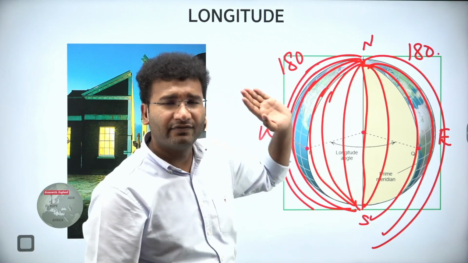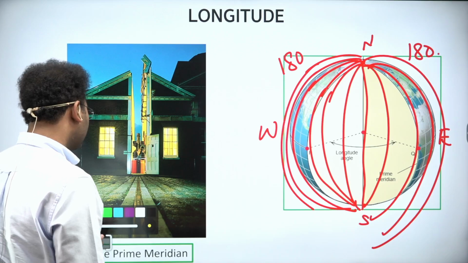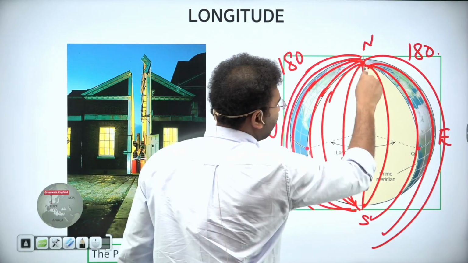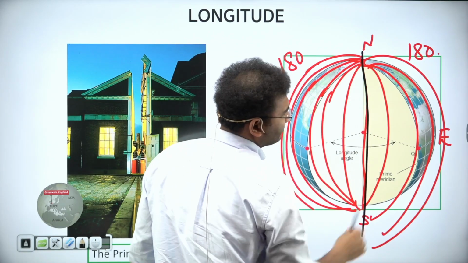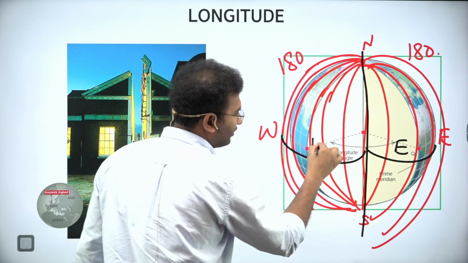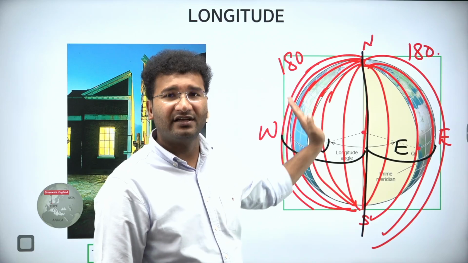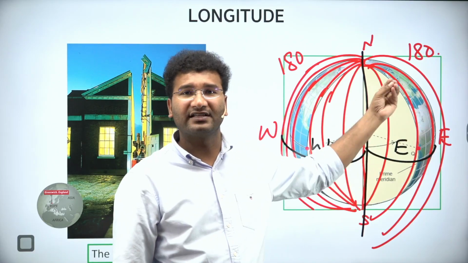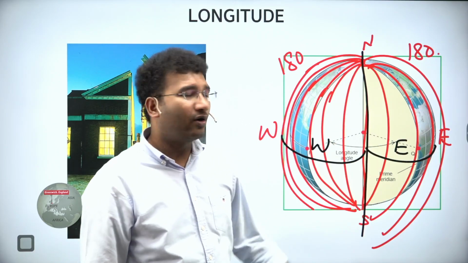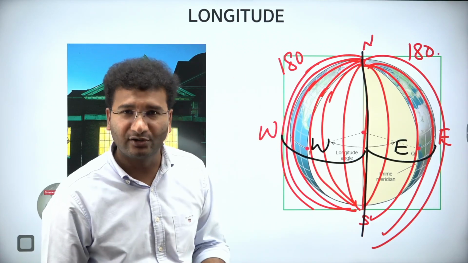But the only difference is that those longitudes which are present east of the prime meridian, suppose this is prime meridian, this part of the region is called as east and this part of the region is called as west, right? Those places which are east of the prime meridian, they are called as eastern longitudes, or those longitudes which are present west of the prime meridian, they are called as western longitudes.